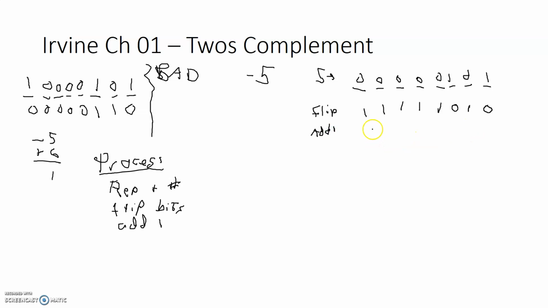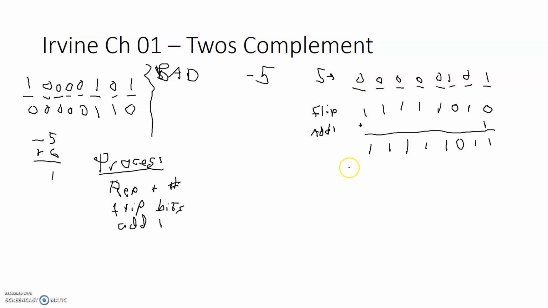Here, if I add 1, I'm going to go right to left just to be safe. 0 and 1 is 1, and then everything else is just going to carry down. And so this would be -5 in 2's complement.